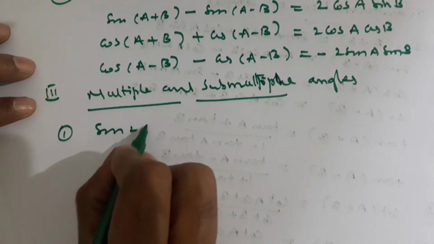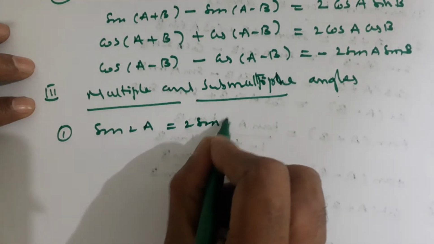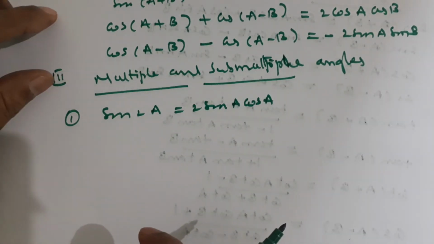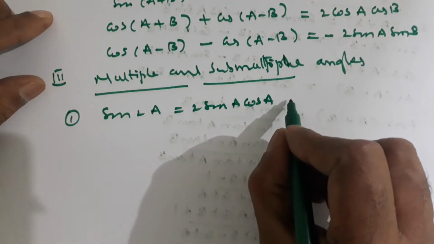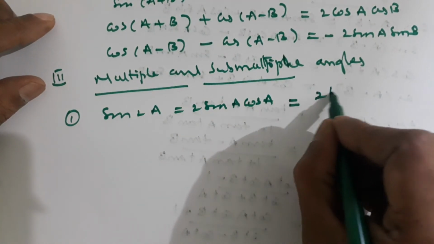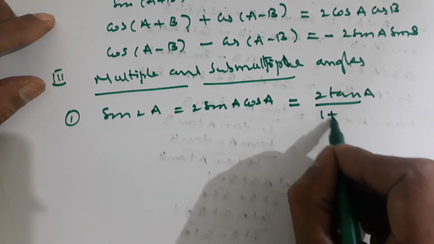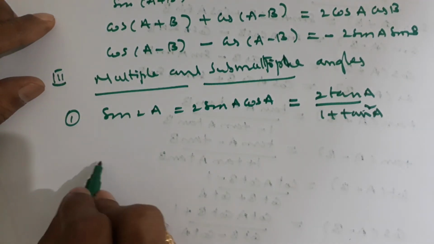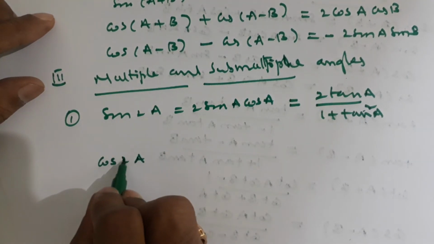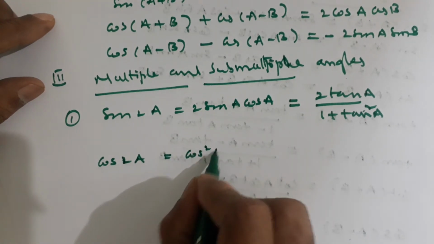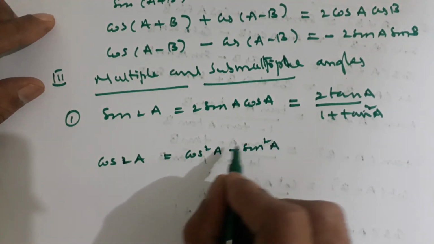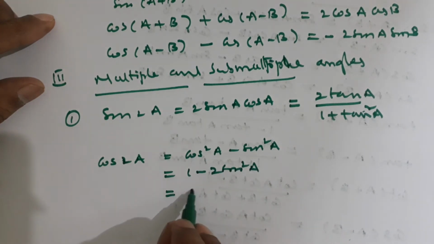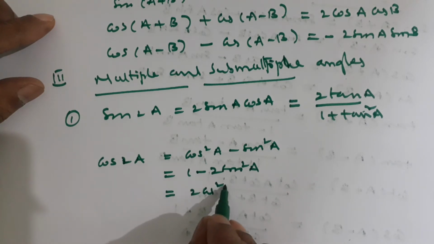Sin 2A is equal to 2 sin A cos A. In terms of tan, it is 2 tan A divided by 1 plus tan square A. Next, cos 2A is equal to cos square A minus sin square A is equal to 1 minus 2 sin square A is equal to 2 cos square A minus 1.